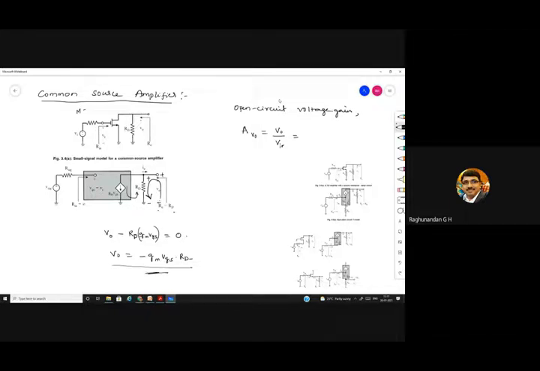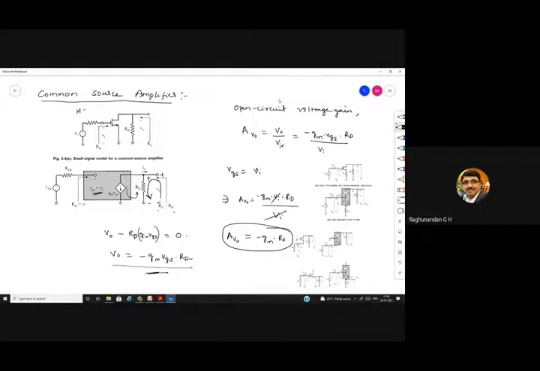It is minus gm into VGS into RD by Vi. What is VGS equal to? It is equal to Vi. From this, we can write Av naught is equal to minus gm into Vi into RD by Vi. These two get cancelled and we have Av naught equal to minus gm into RD. This is the open circuit voltage gain.